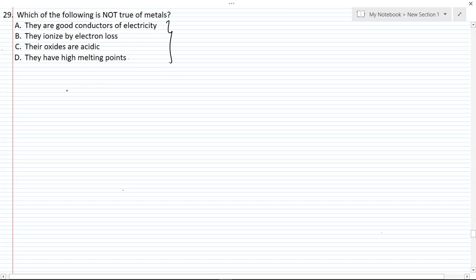consider all options. So A, they are good conductors of electricity. This is obviously true. Metals like zinc, copper, and the likes are excellent conductors of electricity, and that would explain why they have applications in wires and all, because they're able to conduct electricity.